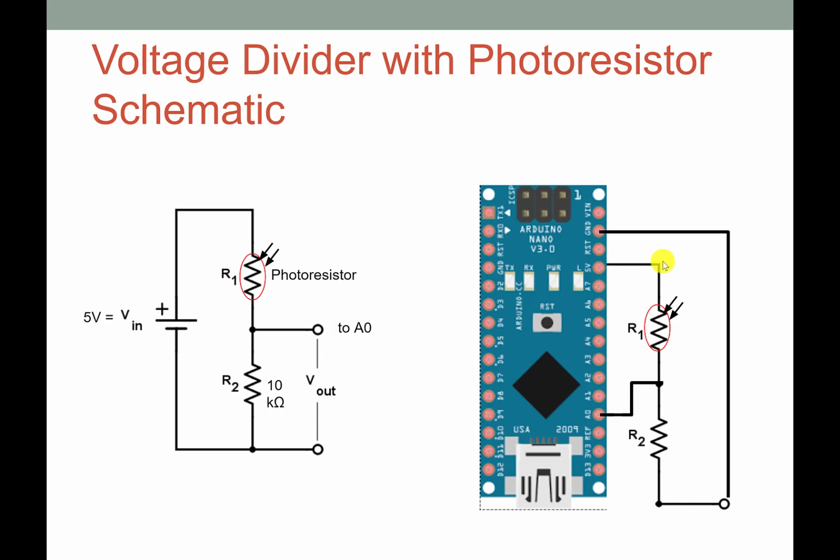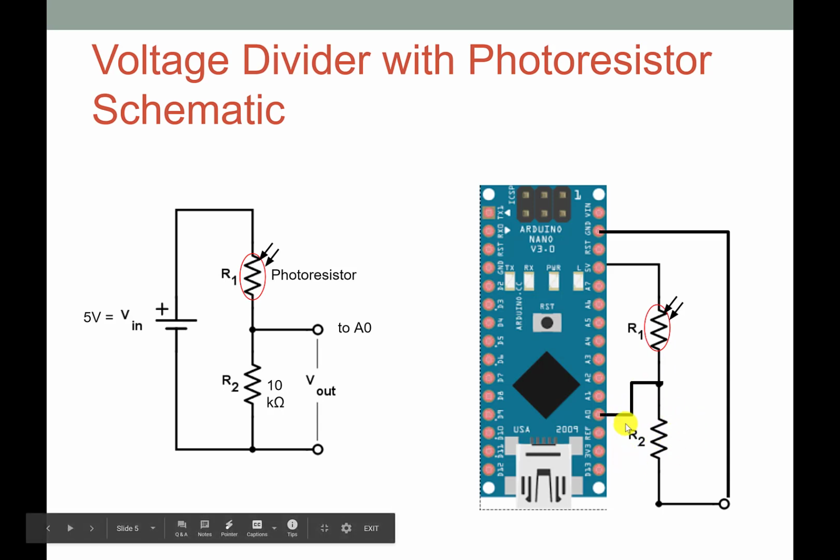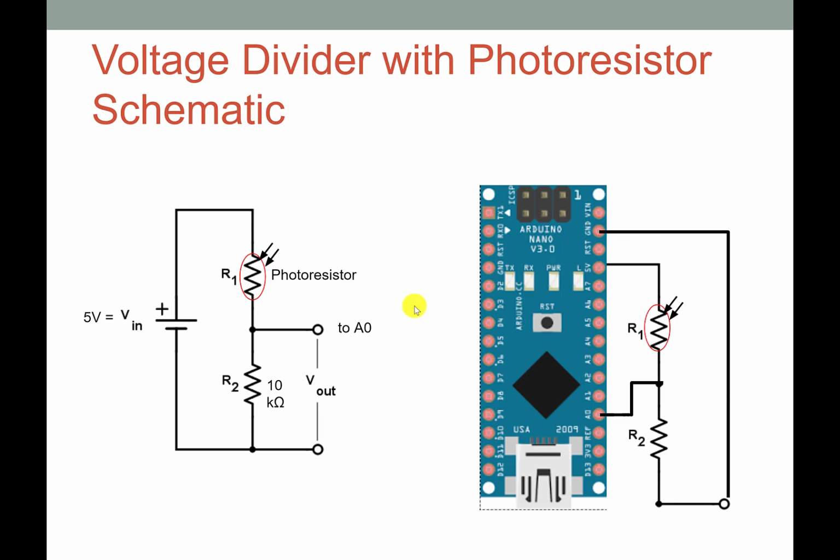We'll connect the photoresistor to the 5 volt supply and then measure the voltage in between the two resistors with A0. And then our R2, which is our 10K ohm resistor, gets connected to the ground pin on the Arduino. So let's see how we would hook that up.